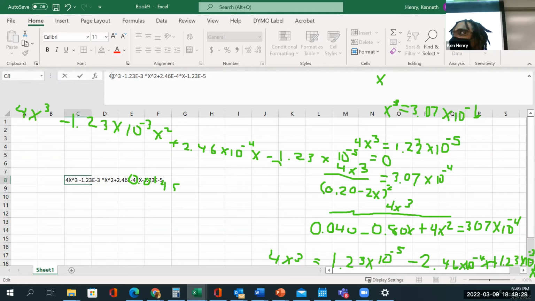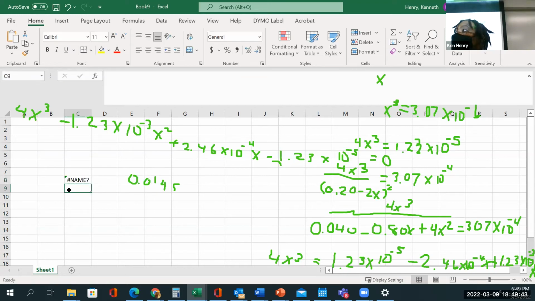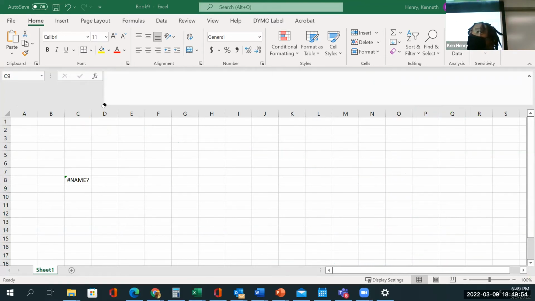So let me adjust this so that it will behave the way I want it to. Okay, so I'm going to clear. Do you guys mind if I clear all of the work that we've done? Okay, so now I need to define what x is.